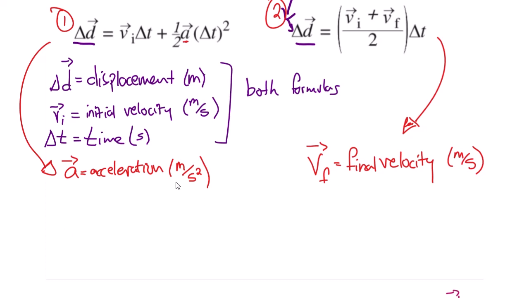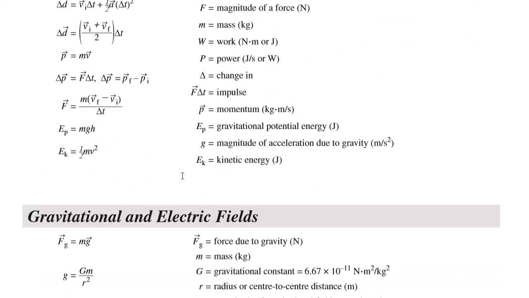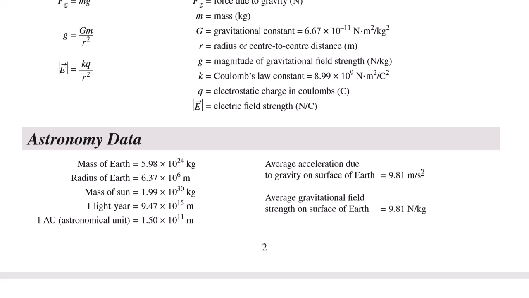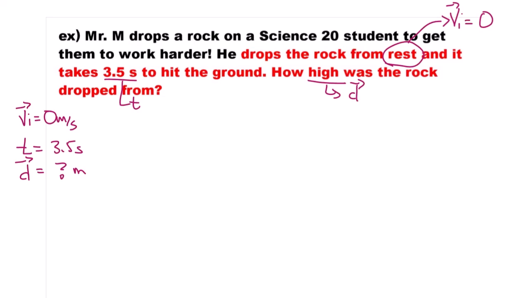Now, before you panic and say, I don't have acceleration or final velocity, remember that the rock is being dropped on planet Earth. And on planet Earth, objects accelerate at a rate of 9.81 meters per second squared. So that's going to be the acceleration due to gravity, or that's going to be the G. Or we could write it as A, right?